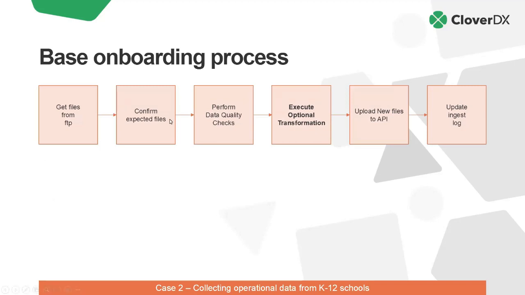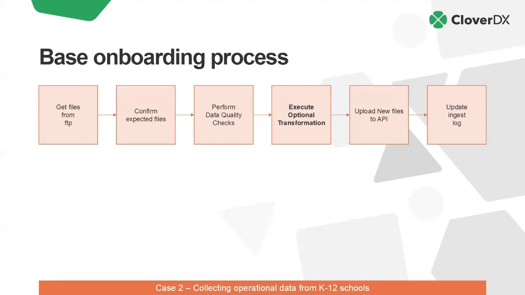We're getting files from an FTP, confirming the expected files, doing data quality checks, so making sure that everything's clean before we ingest, and executing optional transformations. This is a key part. Like I said before, every school has their own nuances. Some of the nuances involve transforming data in certain formats, and each one may be different.